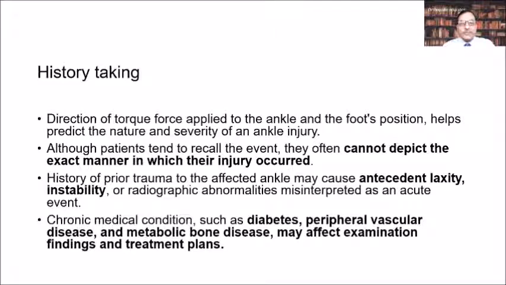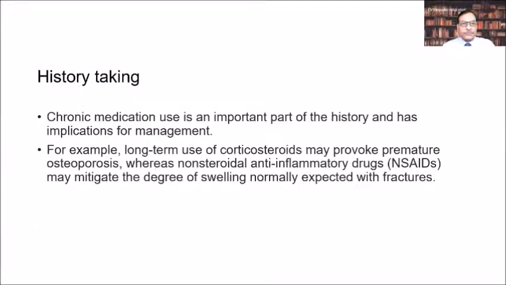It also helps us understand the radiographic abnormalities, and we will not misinterpret them as an acute event. Probably they are old ones. And of course, chronic medical conditions such as diabetes, peripheral vascular disease, and metabolic bone disease affect our way of examination, and they also affect our treatment plans.